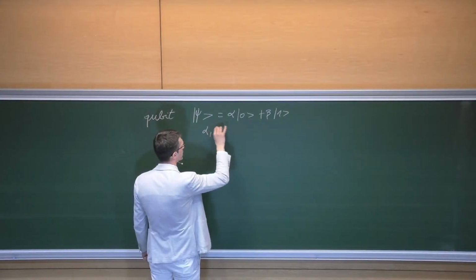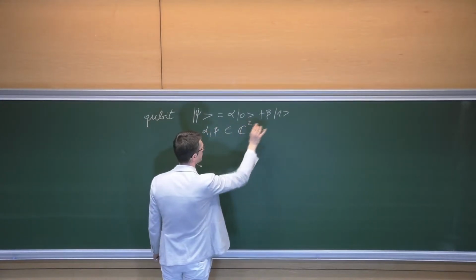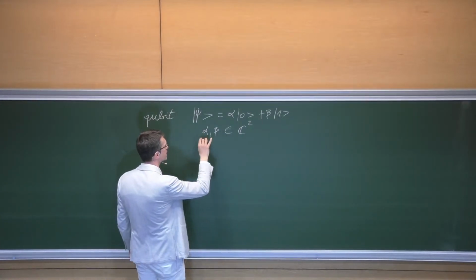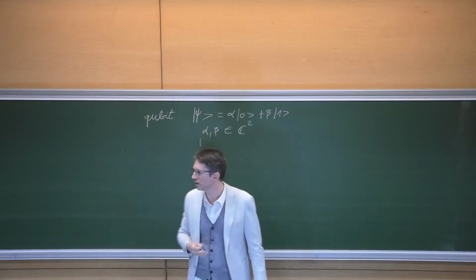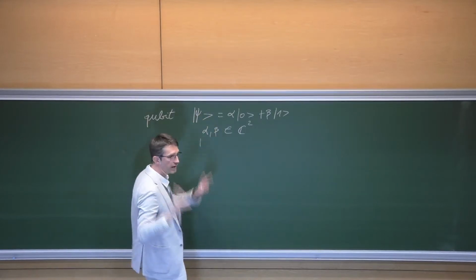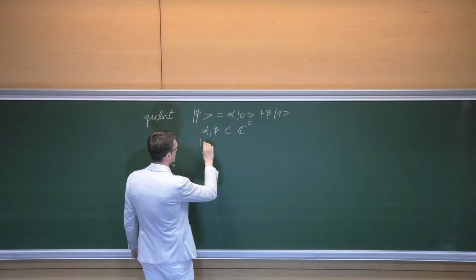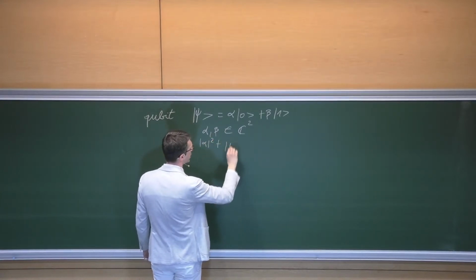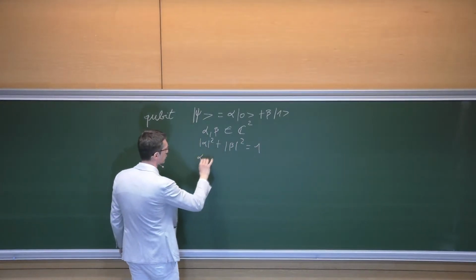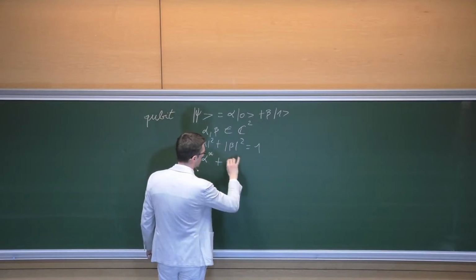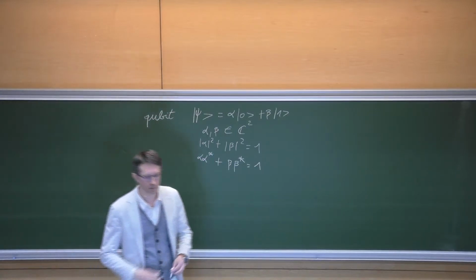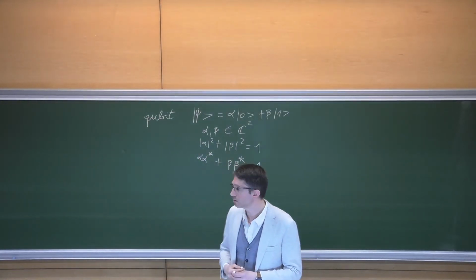And so alpha and beta are complex numbers. And they verify, again, we will see that later on, it's not a big deal, it doesn't have to be, but it just makes things simpler, that the overall vector psi is normalized to 1, and therefore that implies the condition that alpha squared plus beta squared equals 1, which in complex notation is alpha alpha star, complex conjugate, plus beta beta star equals 1.